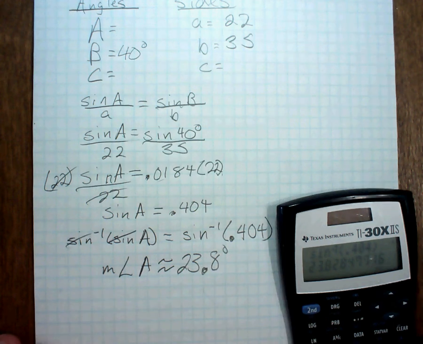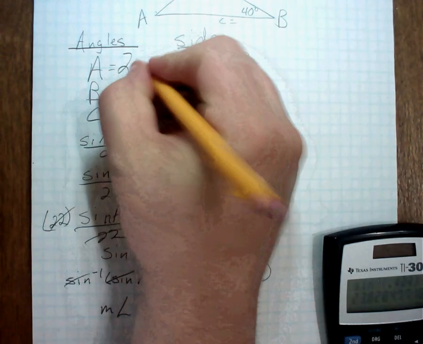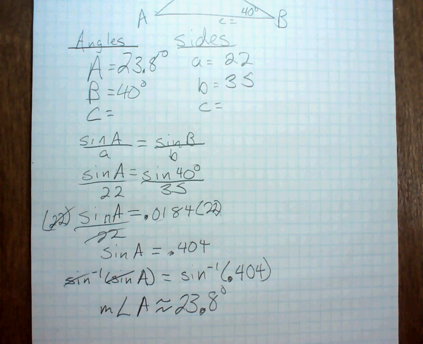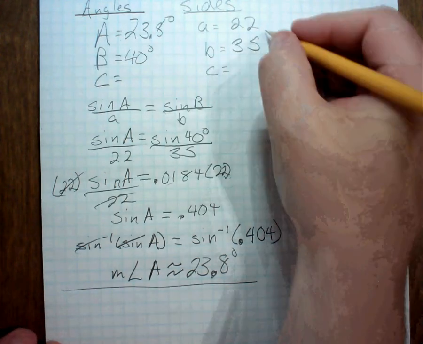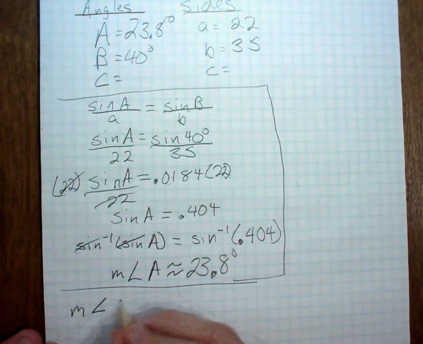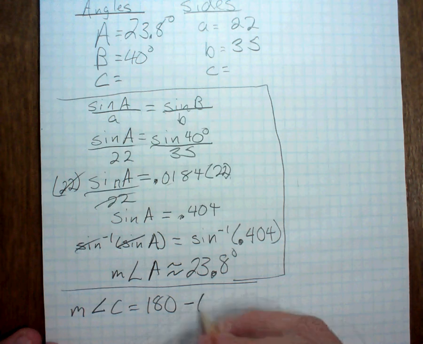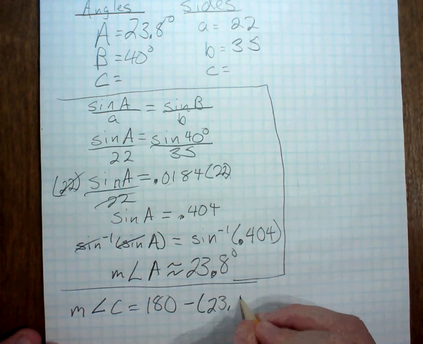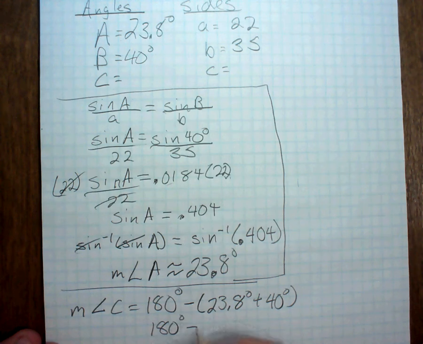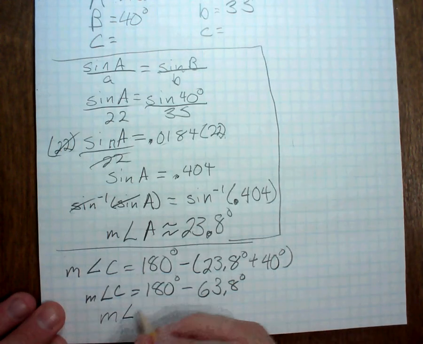23.8 degrees. So I'm going to write that in up here, 23.8 degrees. Now to find the measure of angle C, that's pretty easy to do. The measure of angle C is equal to 180 minus the sum of the other two, which is 23.8 degrees plus 40 degrees. So that would be 180 degrees minus 63.8 degrees. Right, so the measure of angle C then is all this stuff.